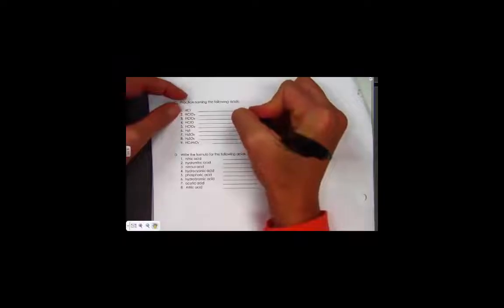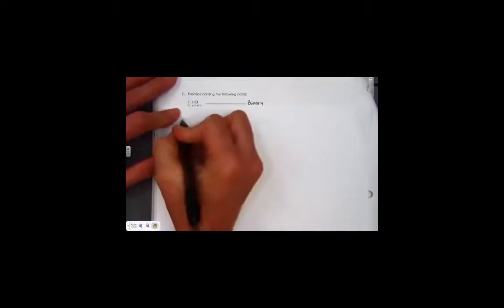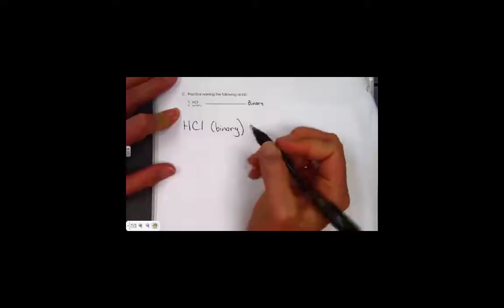Well, first of all, I notice that it's binary. And binary tells me that originally we would have named this hydrogen chloride. I'm going to write much larger just so I can fit it into the note pack. You certainly can fit all of this in margin notes, but I want to write large enough so you can see. So HCl. I'm reminding us that it's a binary acid.